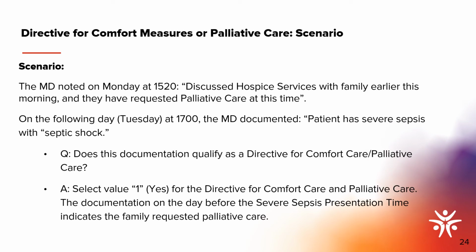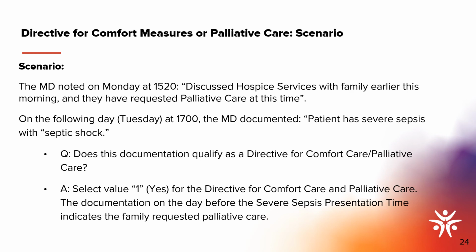Before we wrap things up today, I'd like to take a look at one last scenario. The MD noted on Monday at 15:20 discussed hospice services with family earlier this morning, and they have requested palliative care at this time. On the following day, Tuesday at 1700, the MD documented patient has severe sepsis with septic shock.